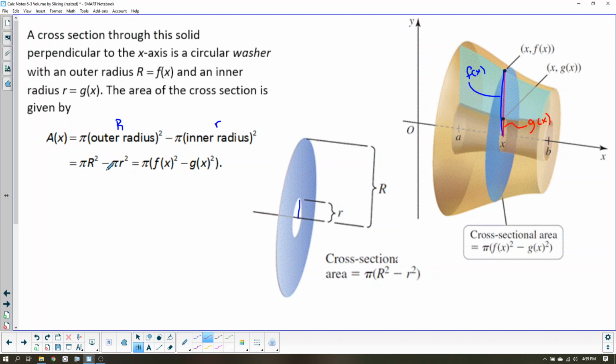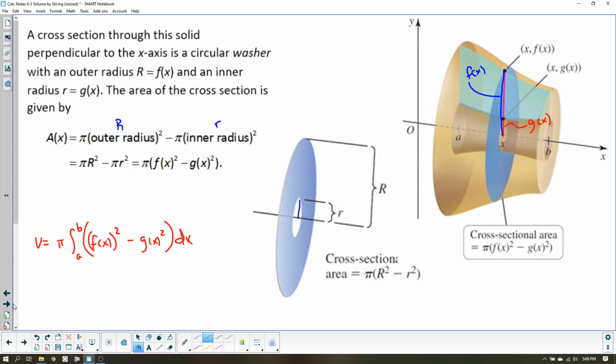Plugging that into this expression, pi times the outer radius squared would be pi times f of x squared, minus pi times the inner radius squared, which is pi times g of x squared. I've gone ahead and factored the pi out, so we don't need it technically on both of them. That gives us our A of x formula. So to get the volume, we're just going to do pi times the integral from a to b of the outer radius squared minus the inner radius squared.